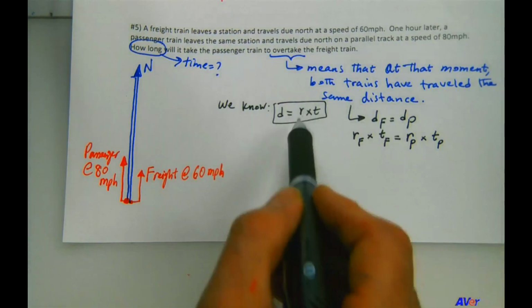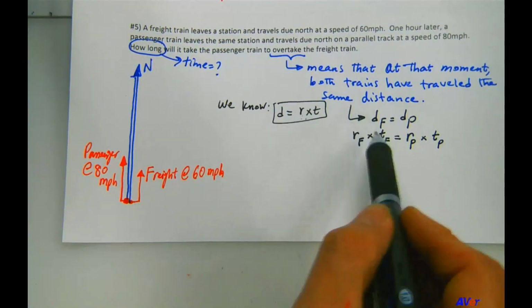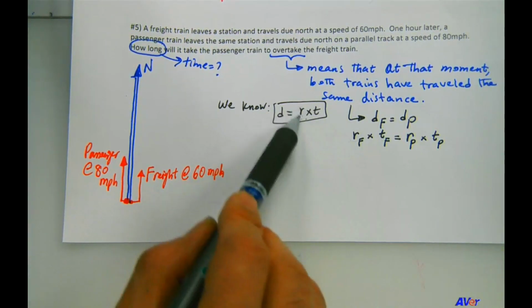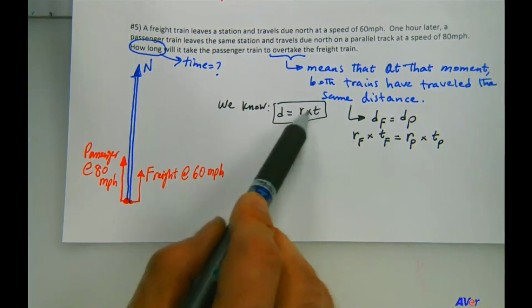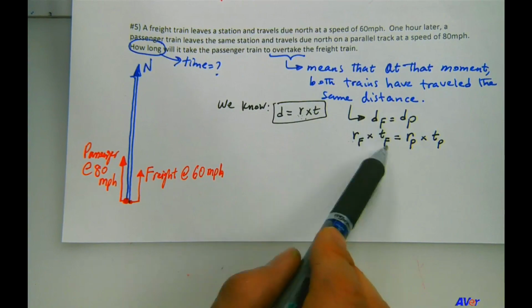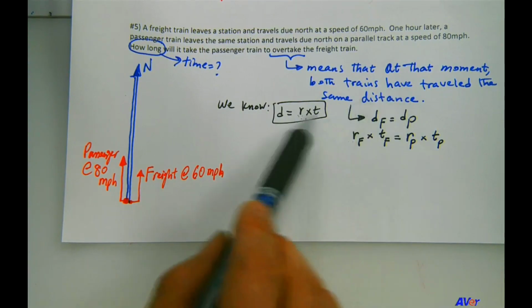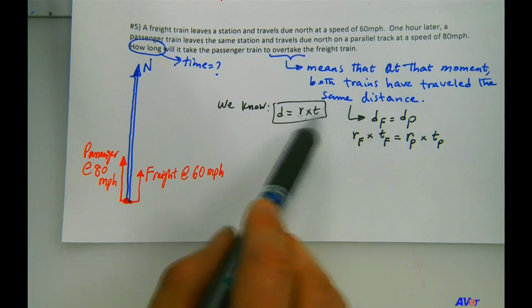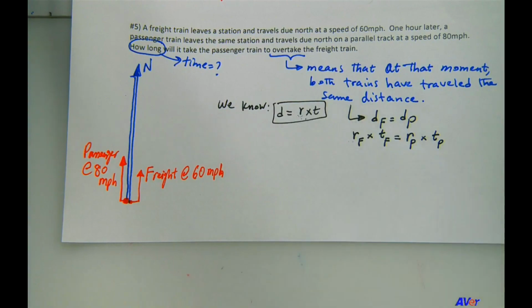So then let's incorporate this formula for each train. Speed of the freight train times the time of travel for the freight train equals the speed of the passenger train multiplied by the time of travel for the passenger train.